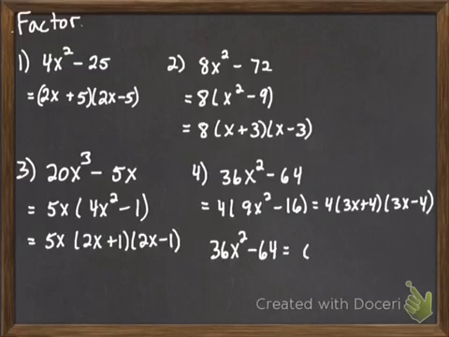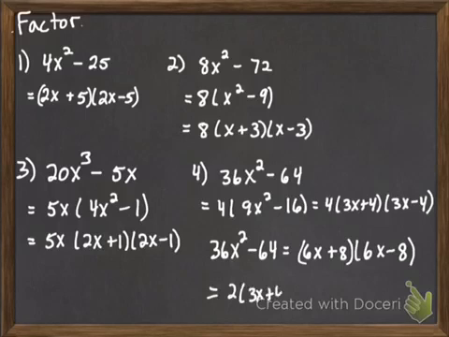So that would have been 6x plus 8 and 6x minus 8. But then if you look at those two expressions, 6x plus 8 and 6x minus 8, you will find that, hey, both of those also have a common factor. I can take a 2 out of the 6x plus 8. I can take a 2 out of the 6x minus 8.